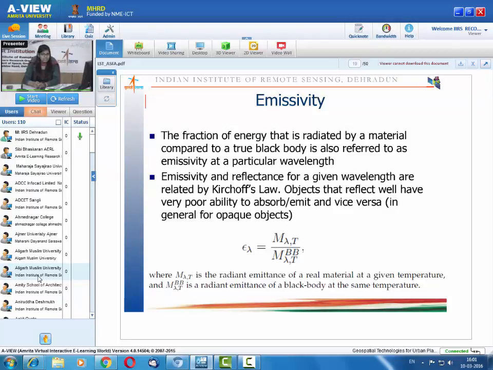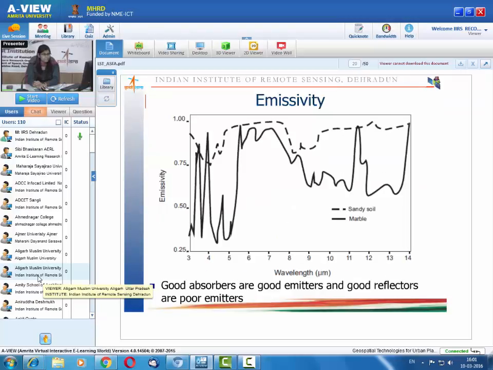So how can we understand this? In general, we say 1 minus reflectance will give you the emissivity, and vice versa, for the earth's surface materials. We can see that at different wavelengths, the emissivity ranges for sandy soil and marble.